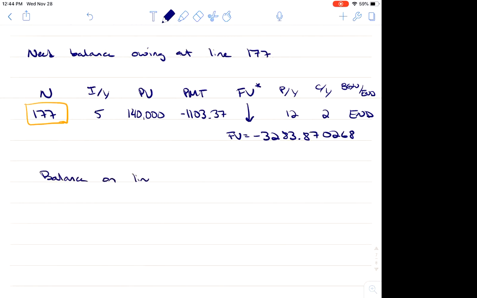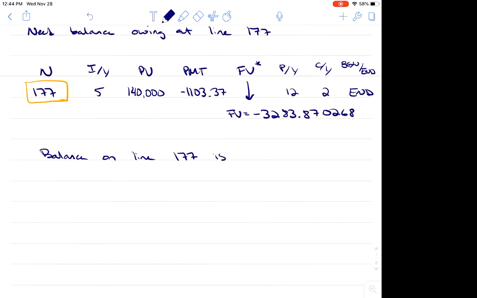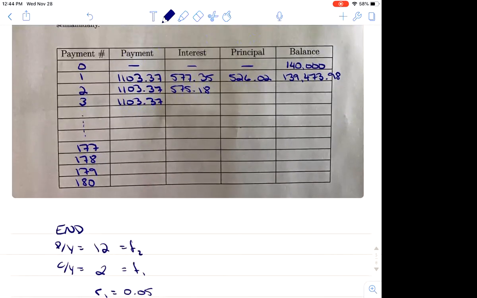Balance on line 177 is $3,283.87. So we can put that as our balance here.